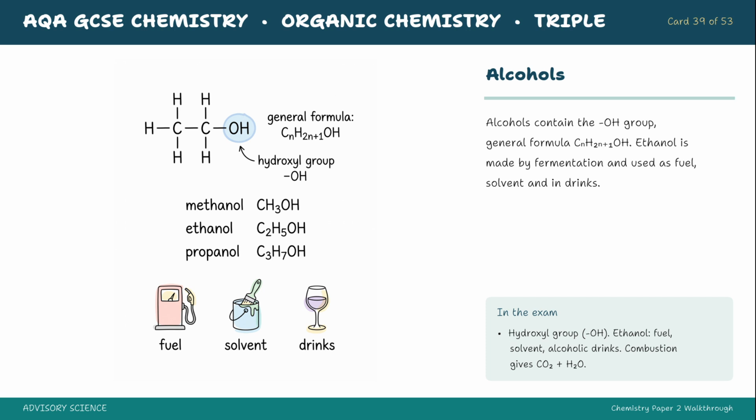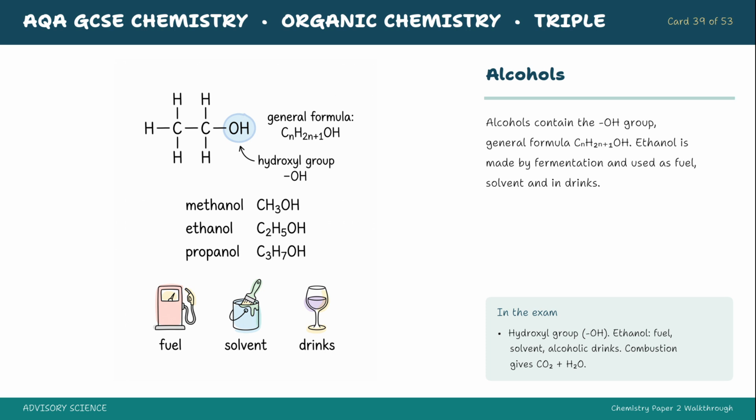They burn in air or combust, and they are oxidized by microbes or oxidizing agents to form carboxylic acids, which is why wine left open turns sour as it turns into vinegar. Alcohols are widely used as fuels and as solvents.